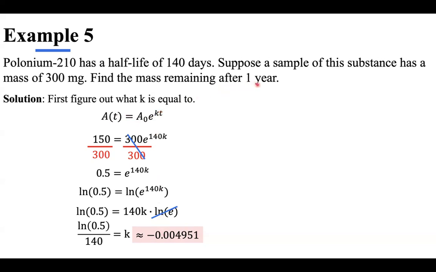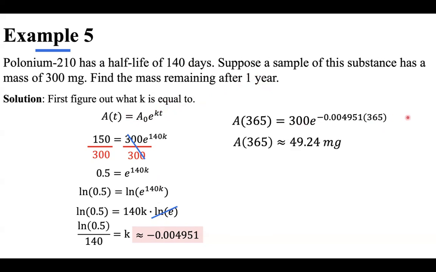That's after 1 year, so remember, t is in days. In 1 year, you have 365 days. If you simplify this, the final amount after 1 year will be 49.24 milligrams. That means it's going to decrease from the 300 milligrams that you have to 49.24 milligrams.